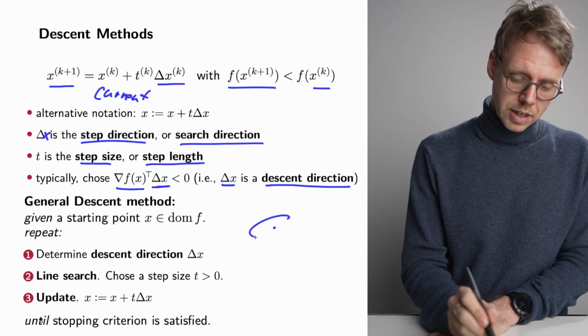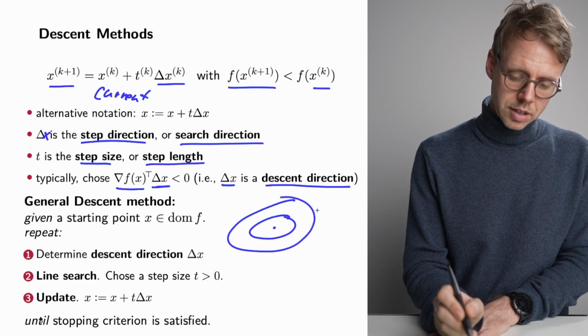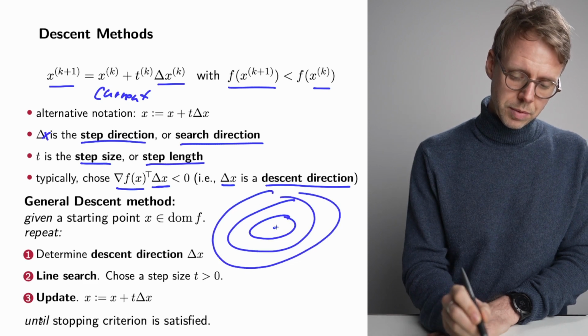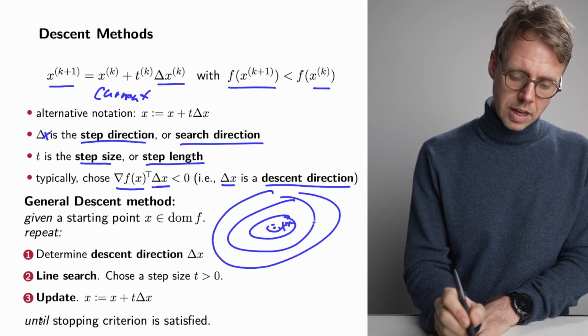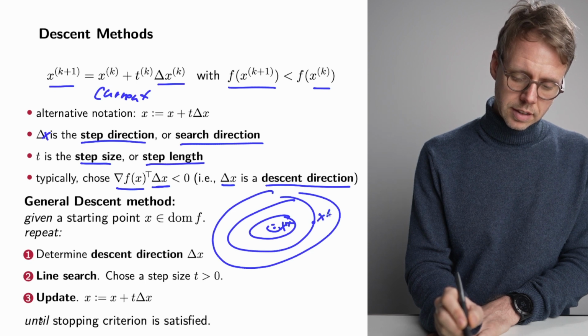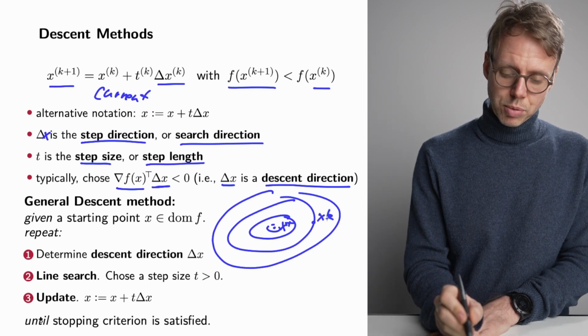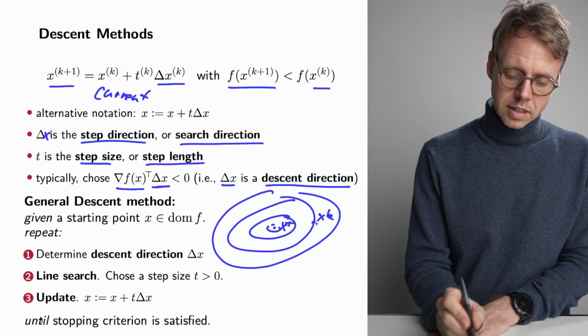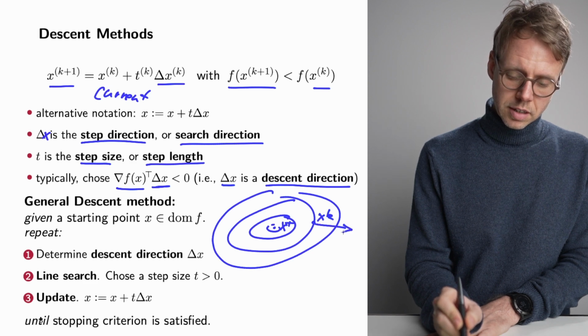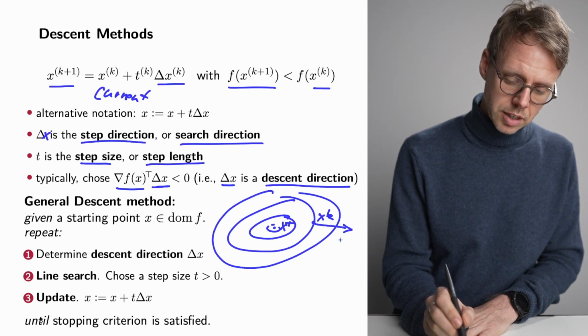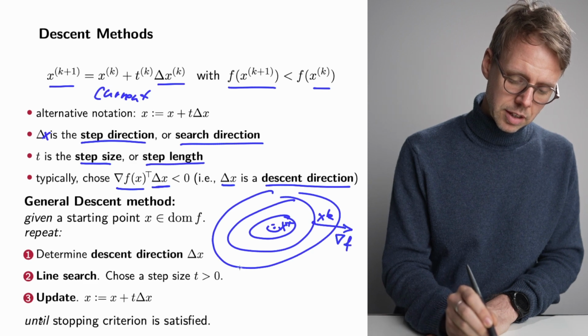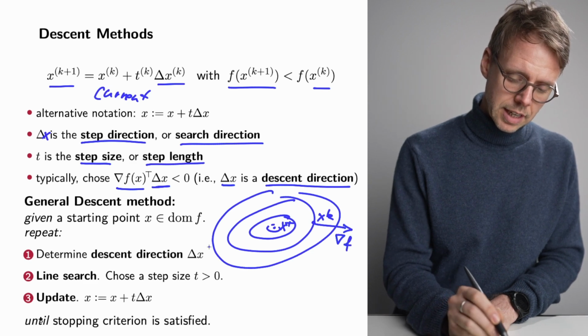You can visualize this. For example, we have a function in R2. Here we have our x star, or minimum. Here we have our current xk. If we compute the gradient, it would look into this direction here. So this would be the gradient of f, where these are the level sets of f.